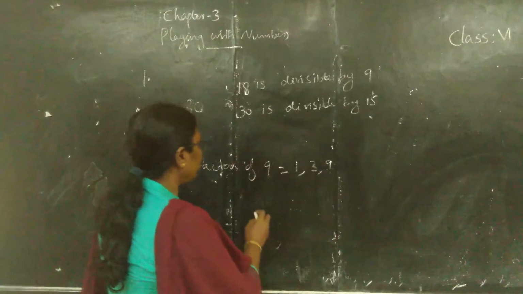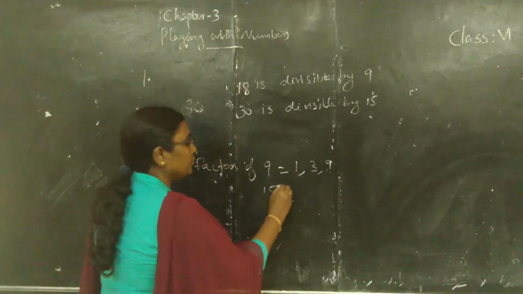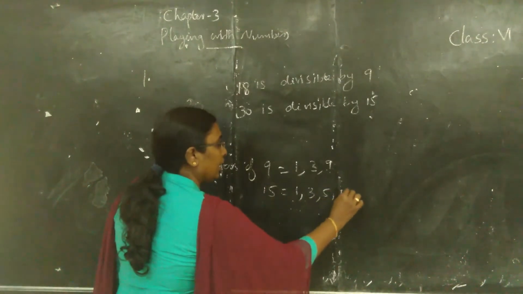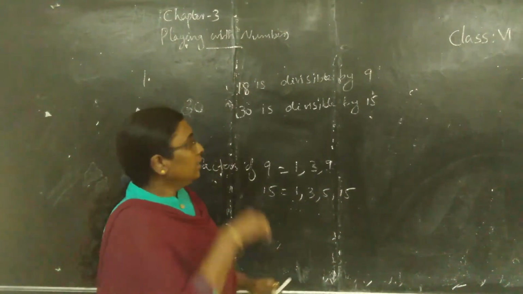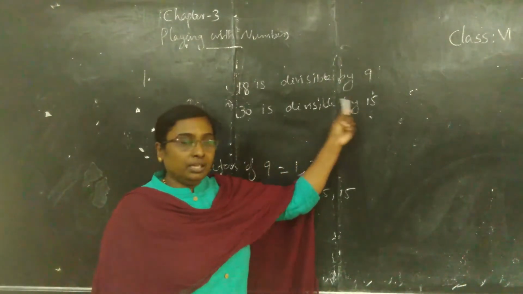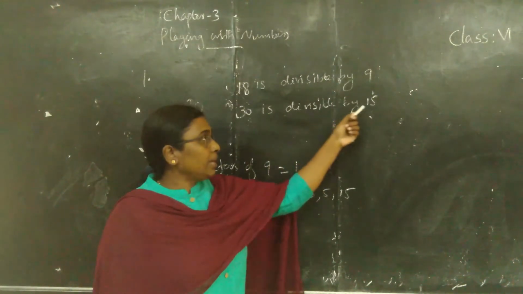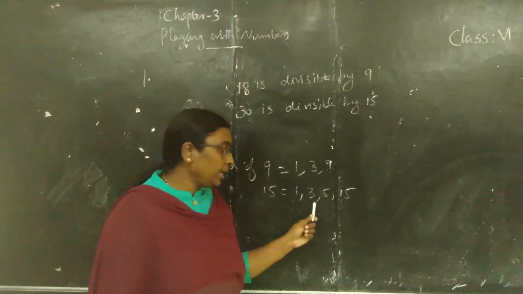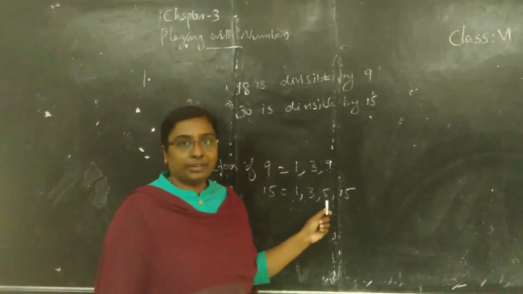What are the factors of 15? Factors of 15: 1, 3, 5 and 15. So, if 30 is divisible by 15, 30 is divisible by each factor of 15. That is, 30 is divisible by 3, 30 is divisible by 5.